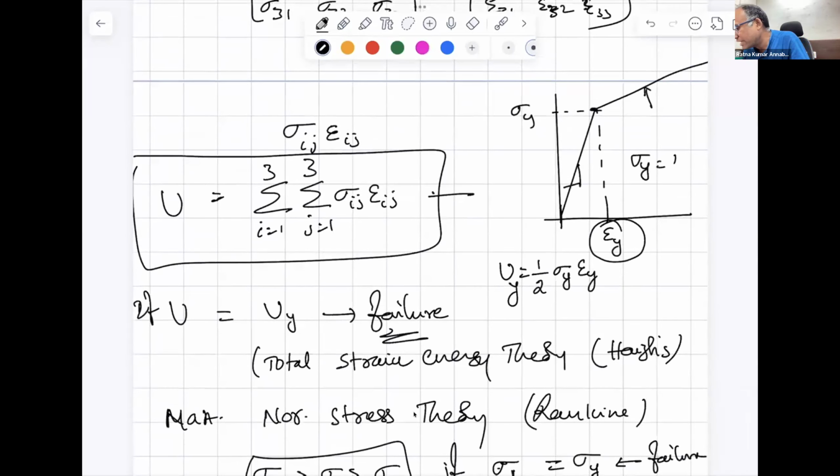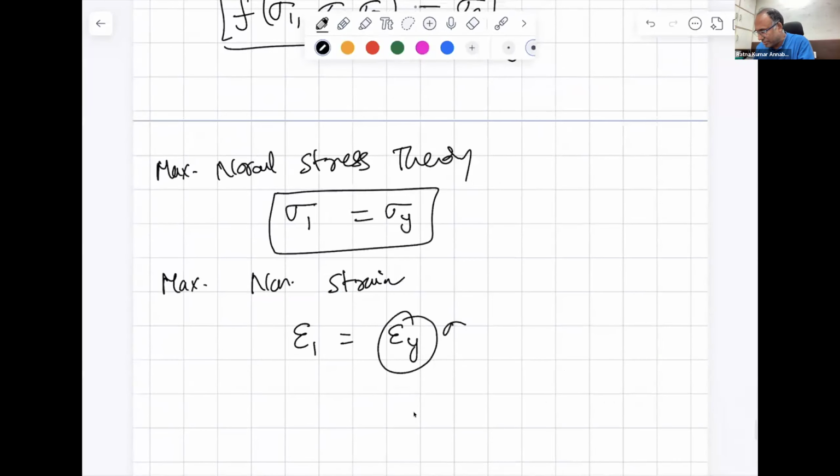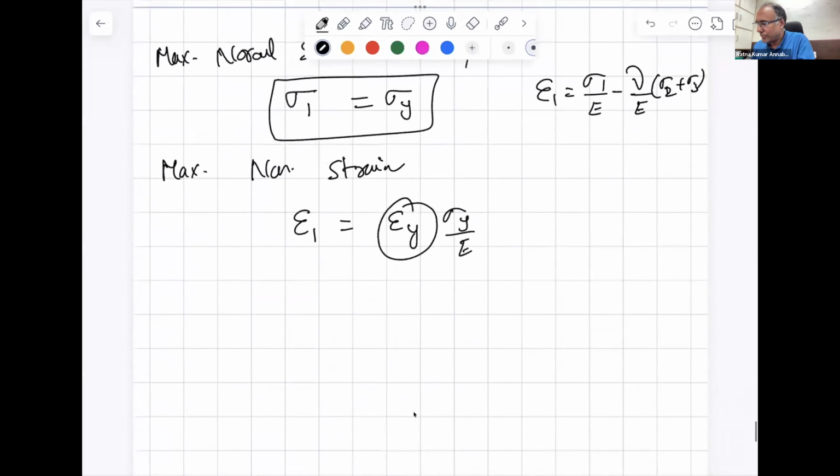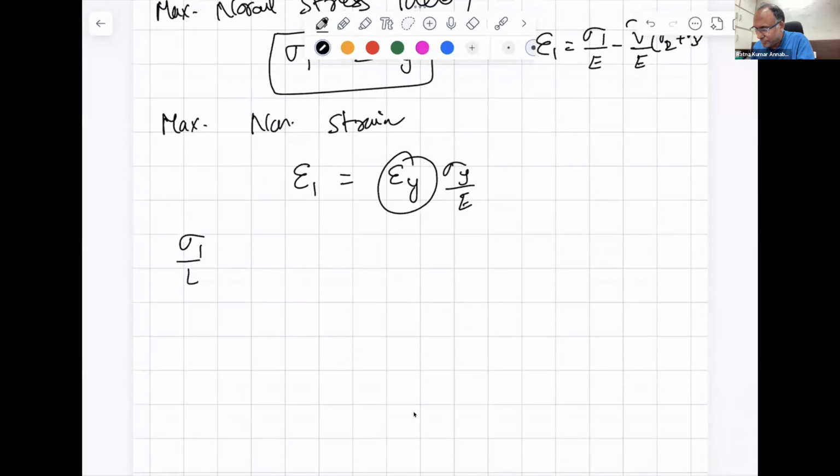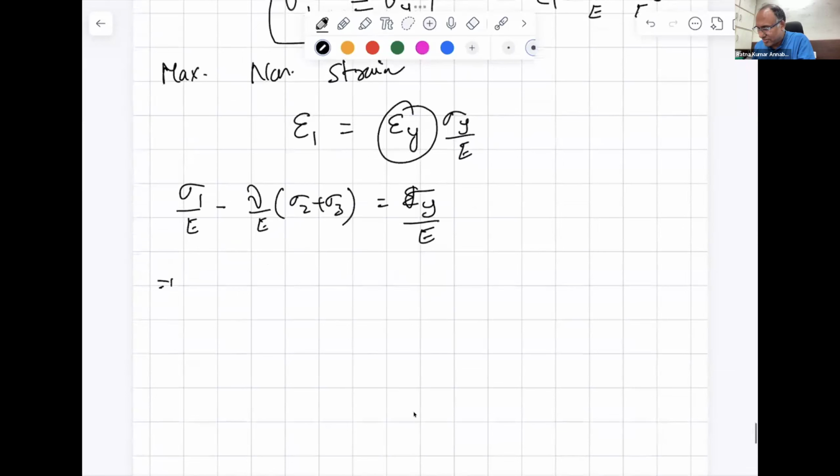Sigma y is equal to E times epsilon y, so epsilon y is equal to sigma y by E. So epsilon 1 is equal to sigma 1 by E minus mu by E into (sigma 2 plus sigma 3), which equals sigma y by E. That implies sigma 1 minus mu times (sigma 2 plus sigma 3) must be equal to sigma y.